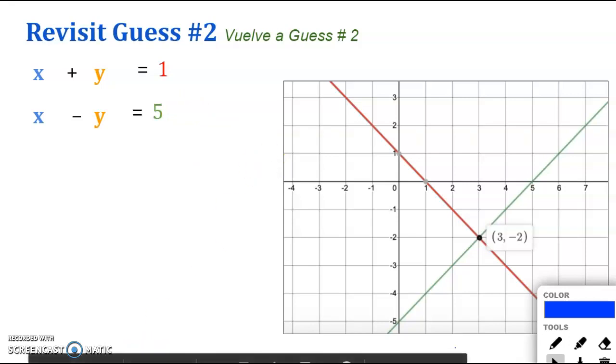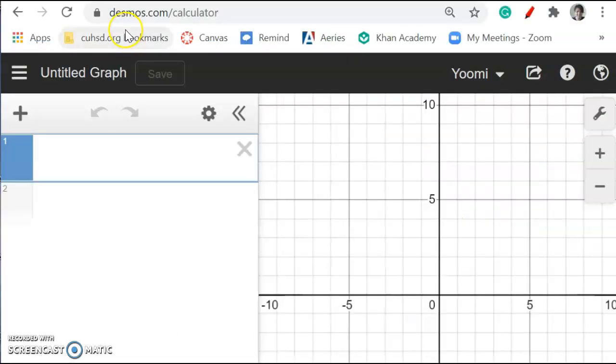So for that, you're going to go to desmos.com. If you just Google desmos.com, it's going to get you to the graphing calculator, and when you go to desmos.com/calculator, it's going to pull this up for you.